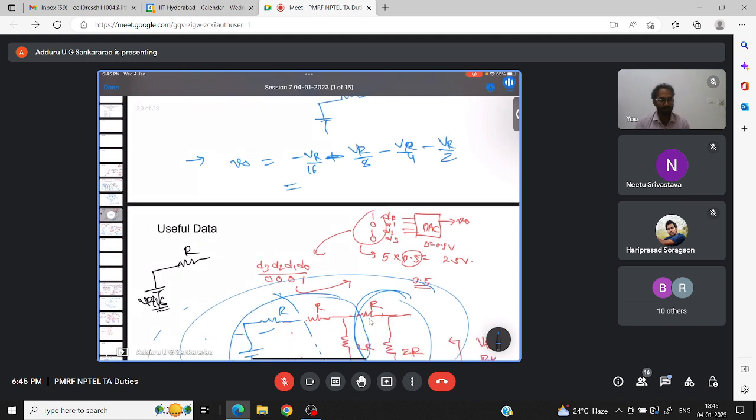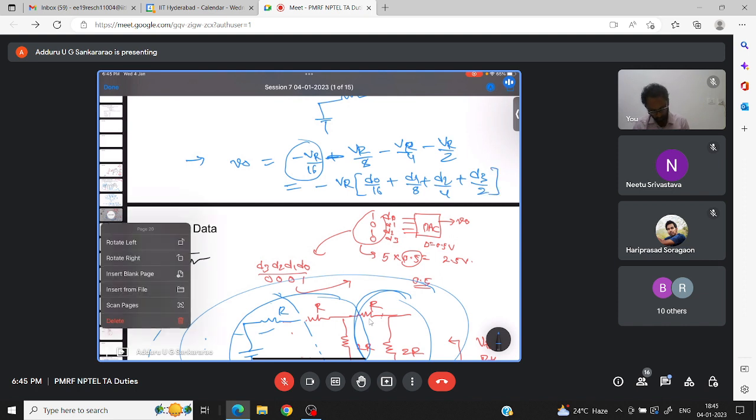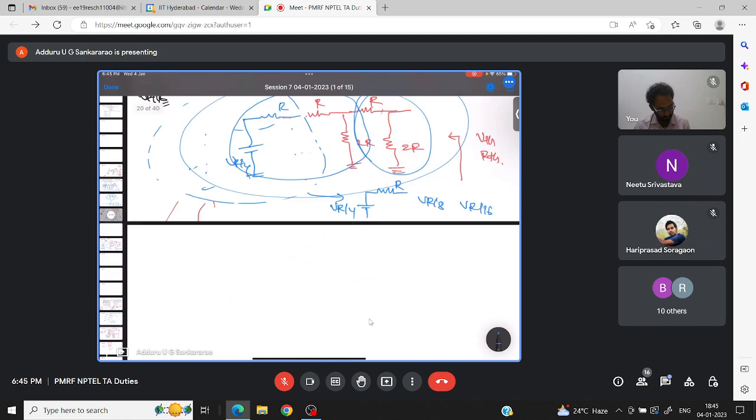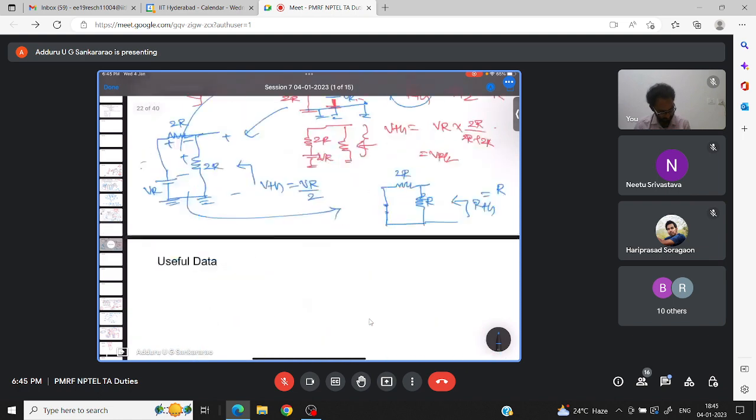Now I will write this like this. Minus VR I will take common. This is due to the LSB, so I will write D0 by 16, a generalized expression, plus D1 by 8 plus D2 by 4 plus D3 by 2.